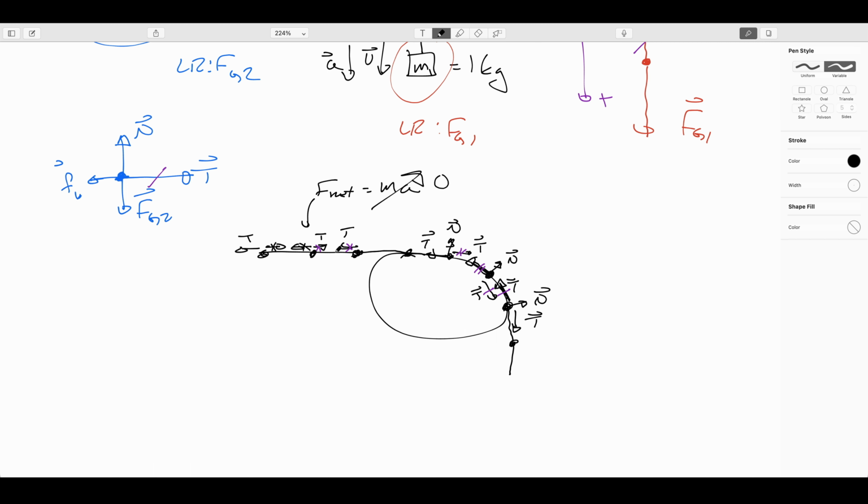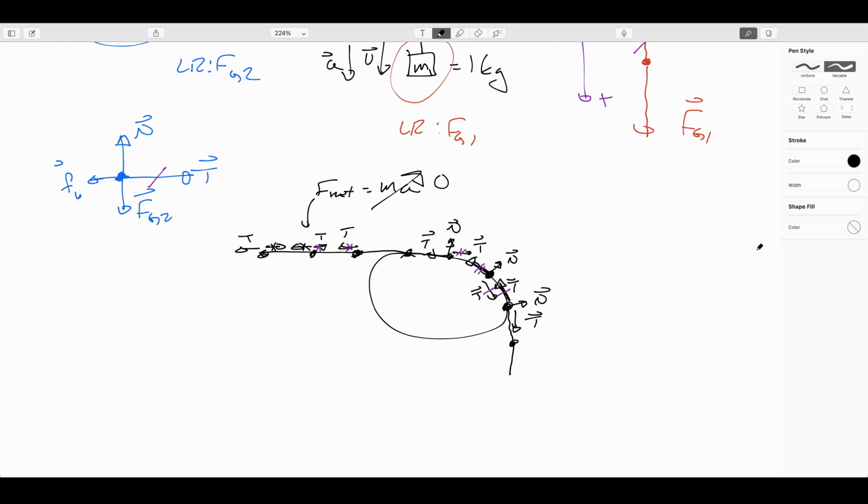Now, where this breaks down is if we make the string massive. If we make the string massive, then these two forces here will no longer be equal necessarily by the second law. If it's moving at constant speed, they will. But in this case here, they would be accelerating. And so this force here would have to be a little bit bigger than that force there. But with a very lightweight string, that's a pretty much negligible thing.